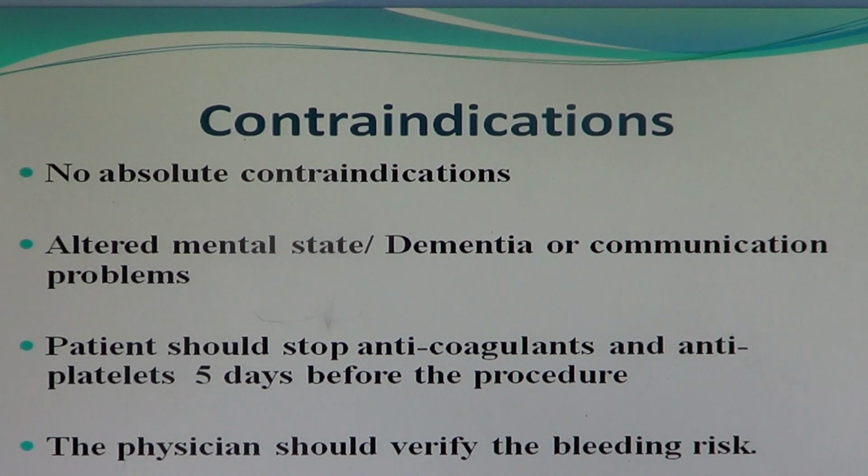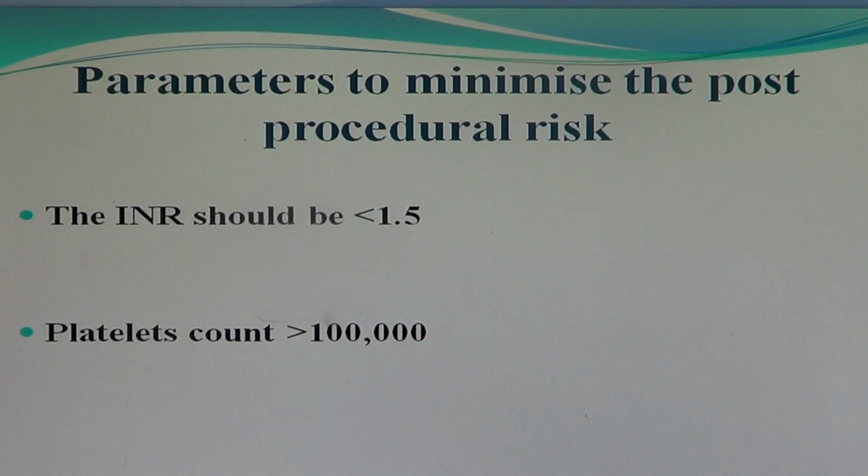In some cases, if a patient gives a history of renal disease, liver cirrhosis, and any coagulation cascade disorders, it is advisable to stop anticoagulants 2 days before the procedure. Once the procedure is over, we need to start the anticoagulant drugs within 12 hours. The physician should verify the bleeding risk. History is very important as well.